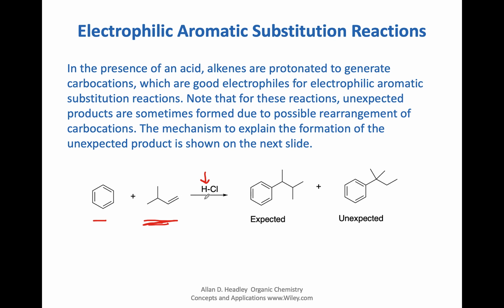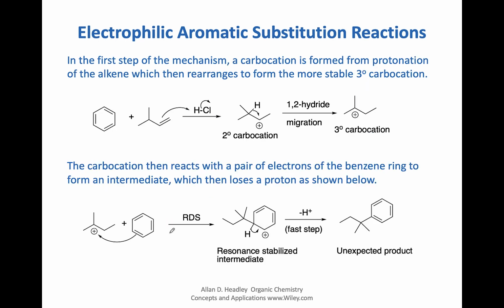But the bottom line is that this is an alkene, and this is an acid, and we know from previous chemistry that there is an addition reaction that will take place because the alkene, which is nucleophilic, will react with the H plus of the acid because it is partially positive, to generate a carbocation. Once you have a carbocation and you have benzene in the mixture, a reaction will occur.